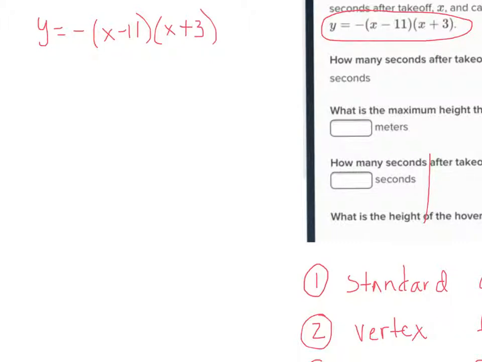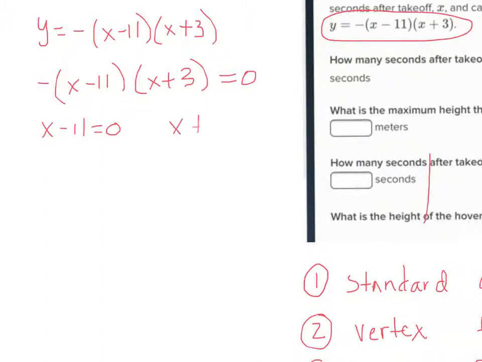When we set this function equal to 0 and solve, our solutions will be where the hovercraft touched the ground. They'll be the x-intercepts. So to solve that, I'm going to take the x minus 11 and set it equal to 0. x minus 11 equals 0. And I'm going to take the x plus 3 and set it equal to 0 as well.